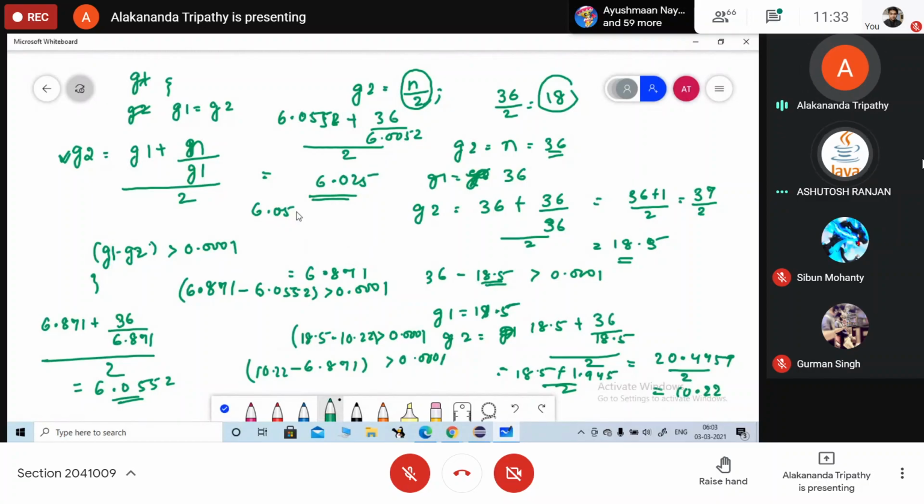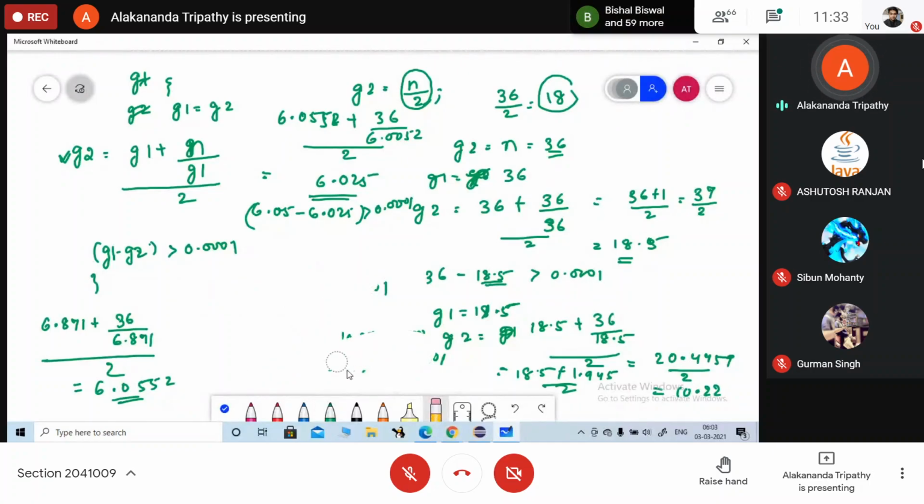It is greater than 0.001, तो और एक स्टेप ज्यादा जाओगे. So you need to do it until you get the result accurate up to how many decimal points? 4 decimal points. Okay.